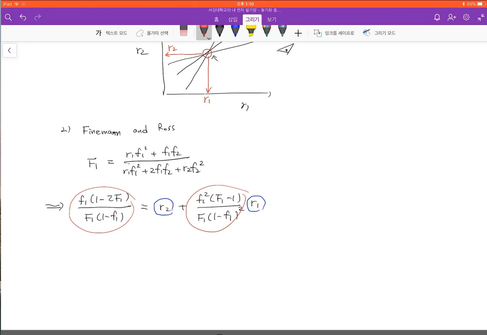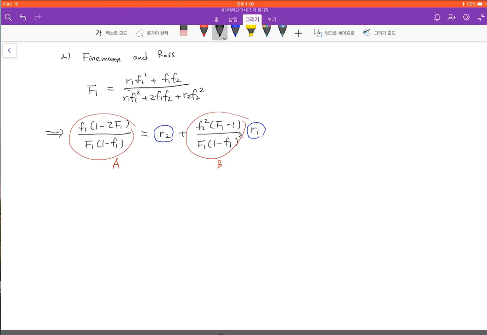The other parts are all constants. Large F1 F2 you can just determine, right? These are basically constant. So we can change the monomer concentration and also determine the copolymer composition experimentally. Then these two constants can be determined.